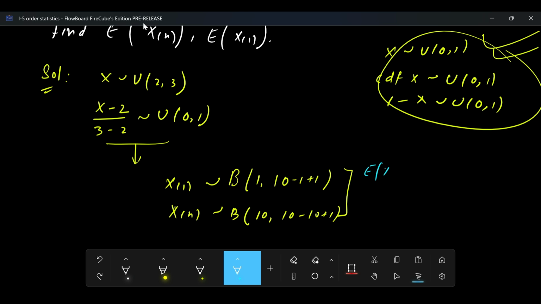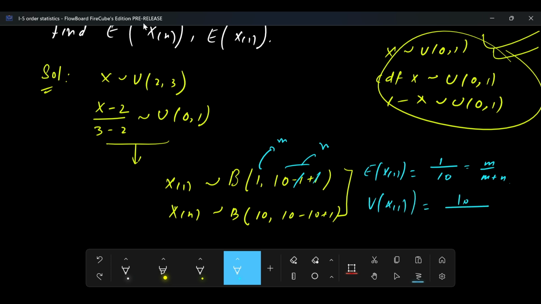So expectation of x1 will be 1 upon 11. Why? Because m upon m plus n. This is my m, this is my n. So variance of x1 will be mn, that's 10, upon (m plus n) square, that's 11 square, into (m plus n plus 1), that's 10 plus 1 plus 1, that's 12. Now calculate this, you will get the answer.